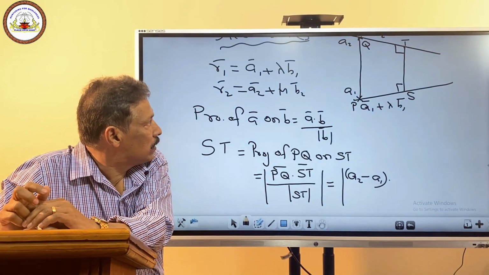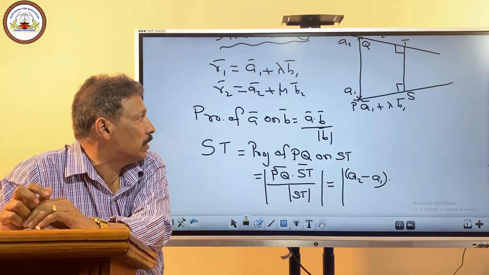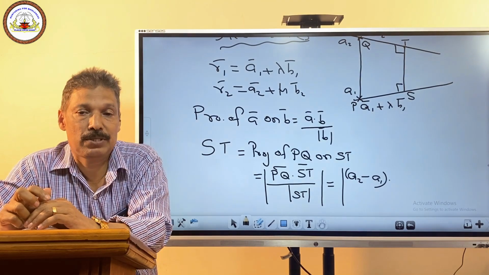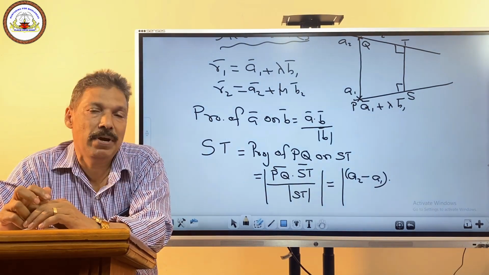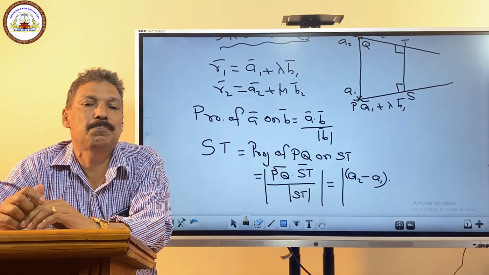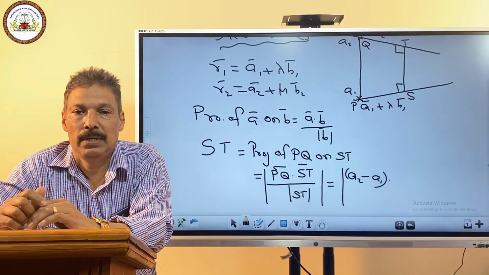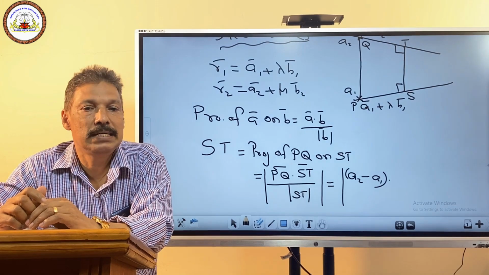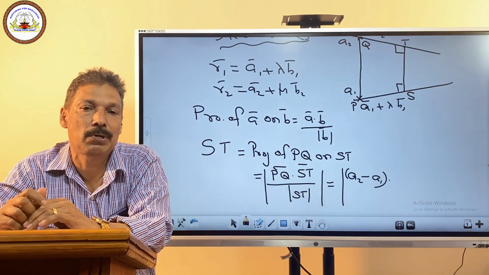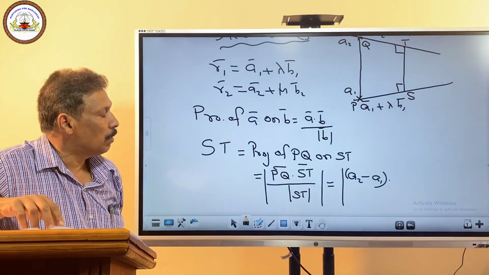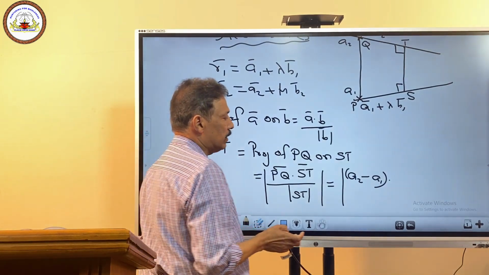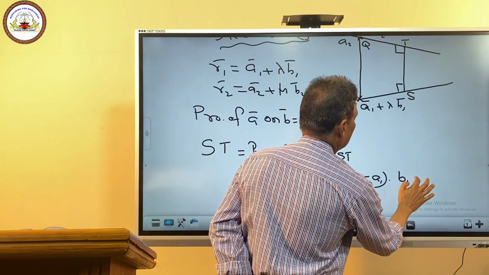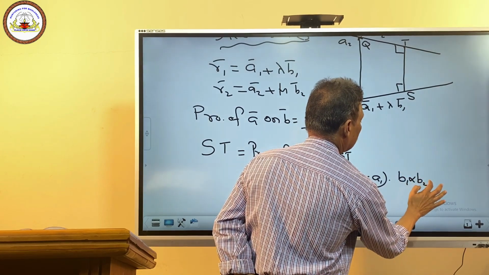The first line has direction ratios B1 bar, and the second line has direction ratios B2 bar. We have to find a new vector which is perpendicular to both B1 and B2. A vector perpendicular to two vectors is given by taking the cross product of B1 bar and B2 bar. So ST is the vector B1 cross B2.